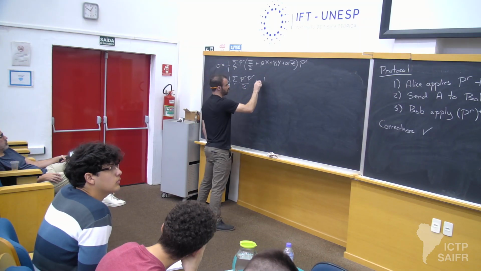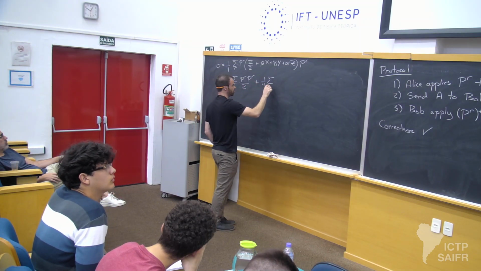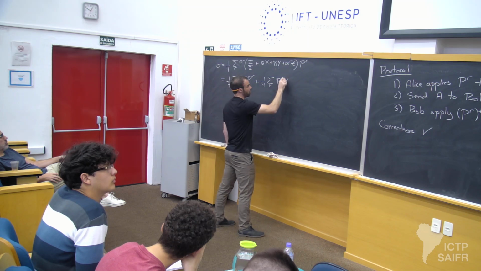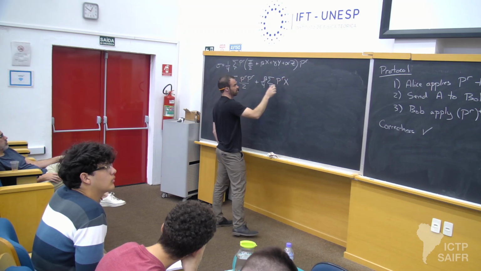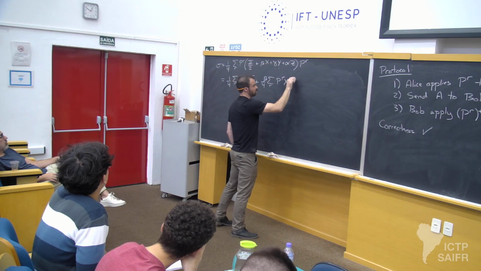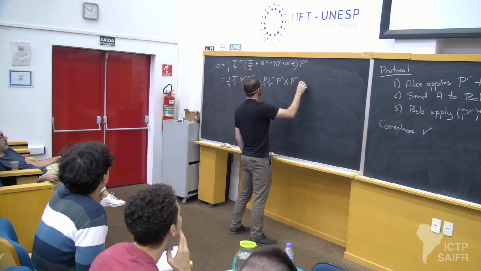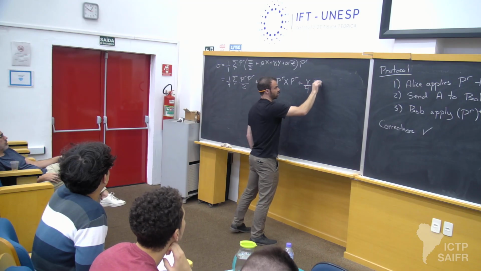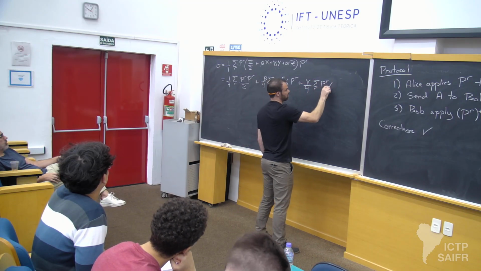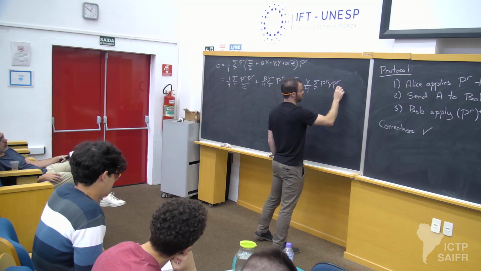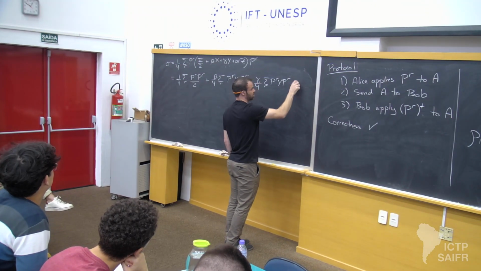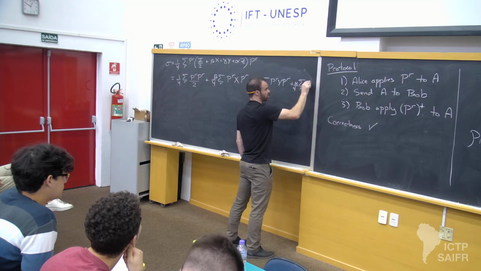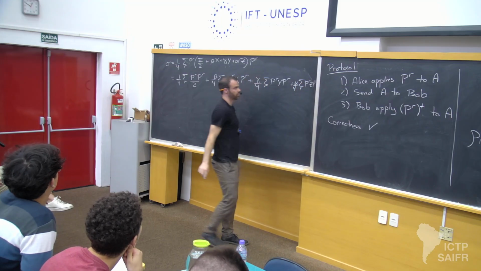And then, okay, 1/4 sum over R, PR, beta x PR plus gamma over 4 sum over R, PR, y, PR. Plus, okay, alpha over 4, PR z PR. Okay.